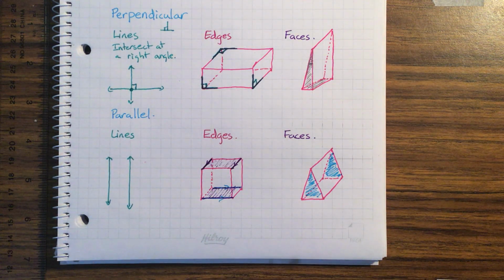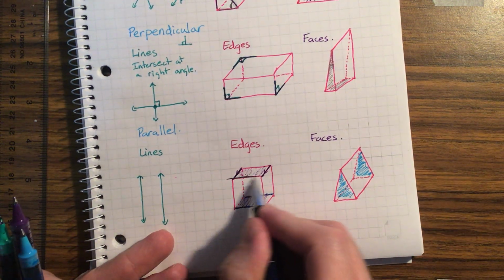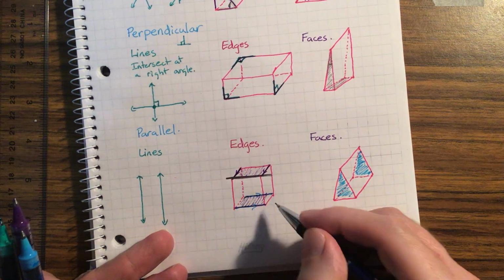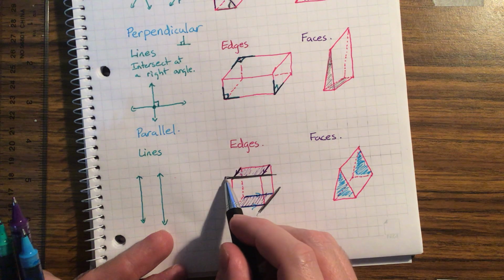Now, I want to show you one tricky thing about parallel edges on a cube. What about this edge right here and this edge right here? Are they parallel?